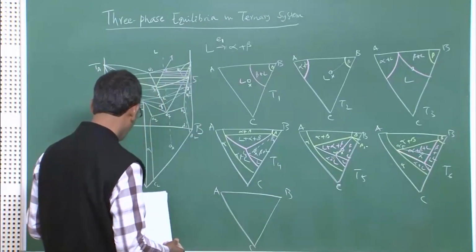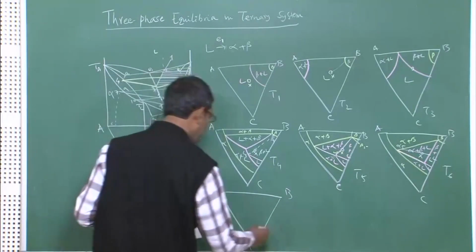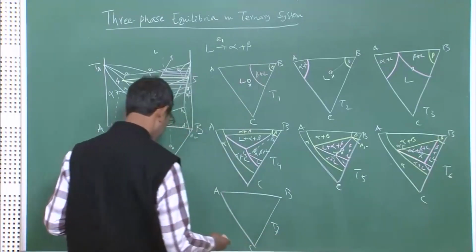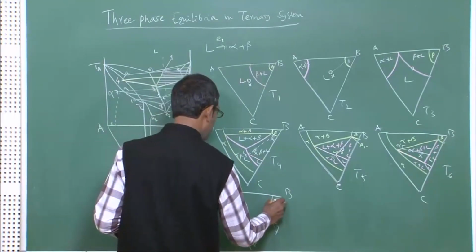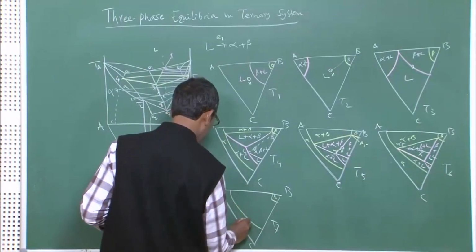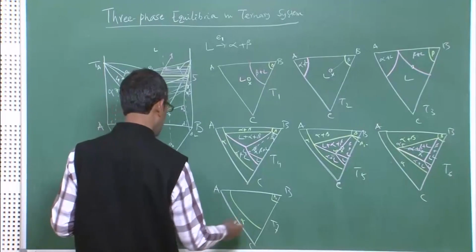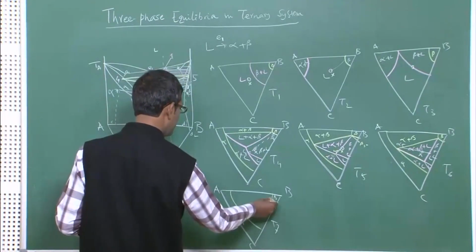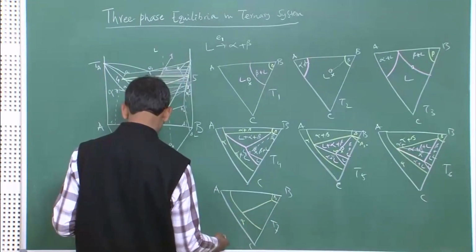Okay, here I am going to draw it at T7. T7 is at a lower temperature than T6. Beta, alpha, okay, and this is the alpha plus beta phase field.